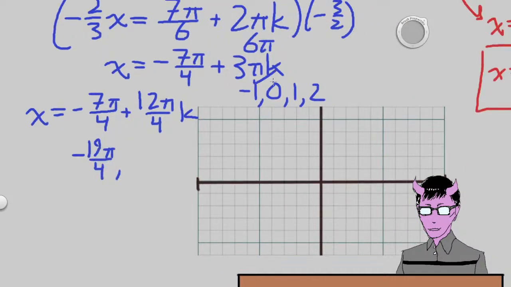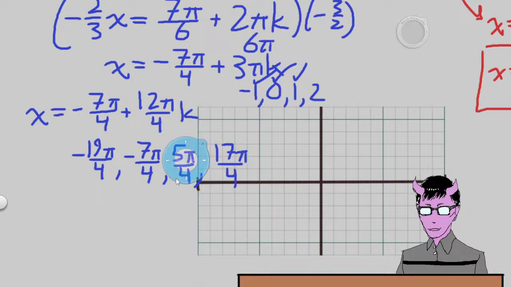If k is 0, then we just keep the base angle. Done with that one. If k is 1, then we're adding 12 to negative 7, so that'll give us 5 pi over 4. Lastly, if k is 2, then we have 24 minus 7, which is positive 17 pi over 4.